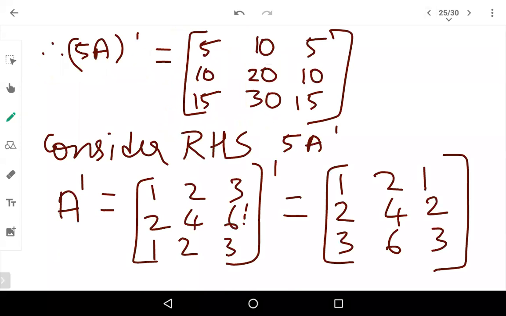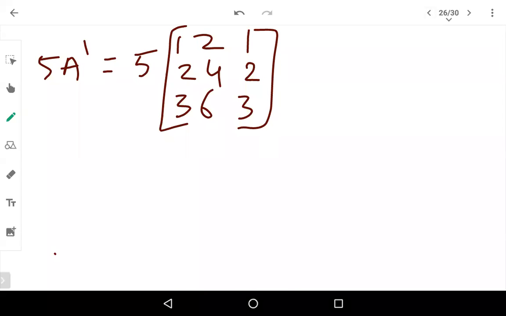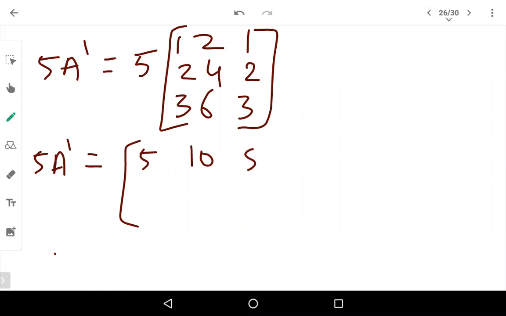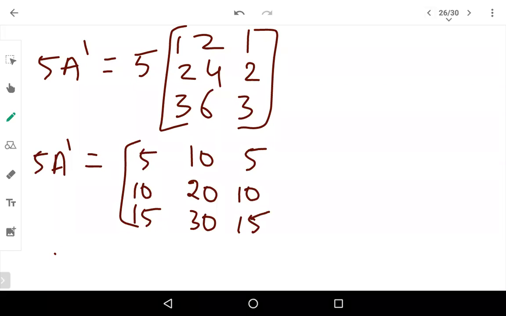This is A transpose that I have taken here. Now multiply. 5 into A transpose is 5 ones are 5, 5 twos are 10, 5 ones are 5, 5 twos are 10, 5 fours are 20, 5 twos are 10, 5 threes are 15, 5 sixes are 30, 5 threes are 15.